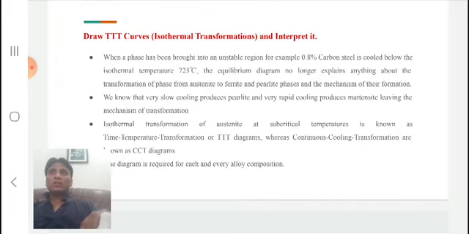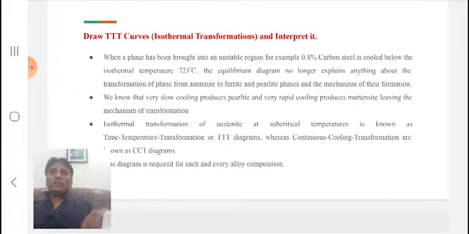Very slow cooling will give us pearlite, and very fast cooling gives us martensite. But how these are formed is missed. So this is explained with the help of TTT curves.